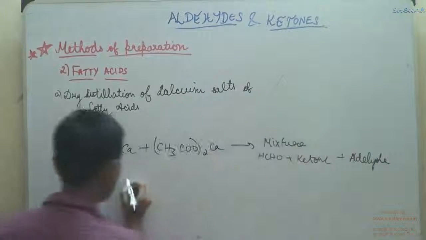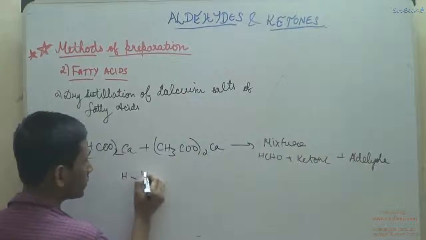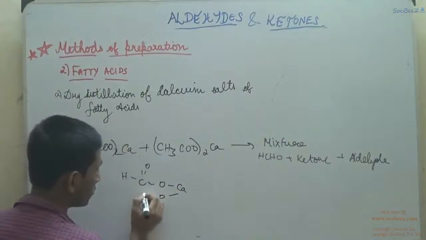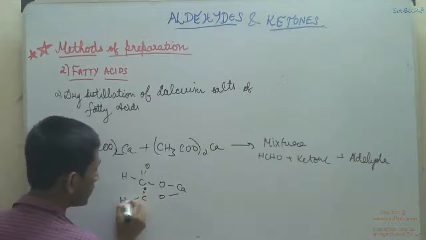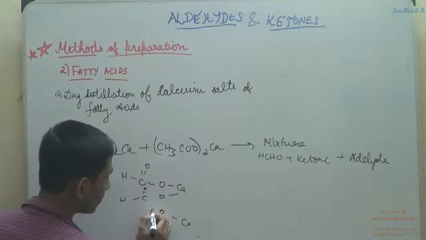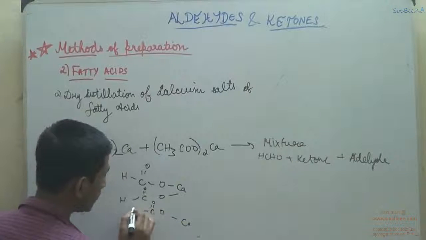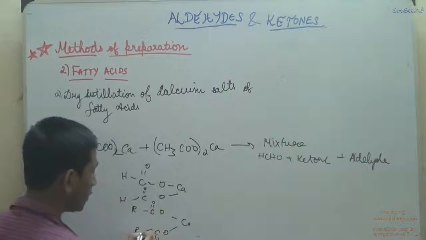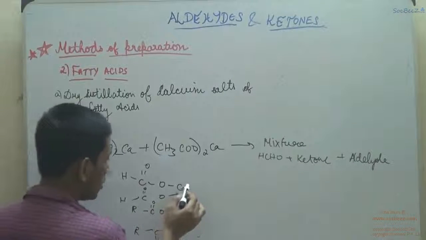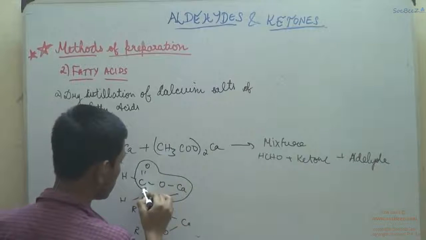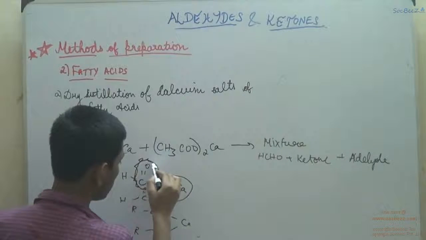How do you get the aldehyde in this case? You have formate, let me write in this form, and here you have the other one. Okay, C double bond O R and C double bond O R. Now remove a calcium carbonate. Okay, not from here.